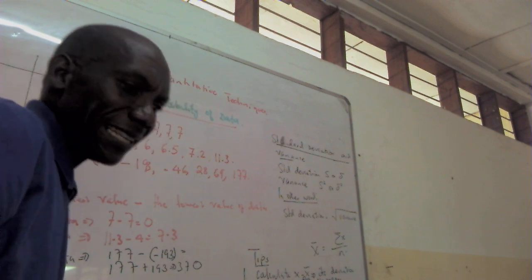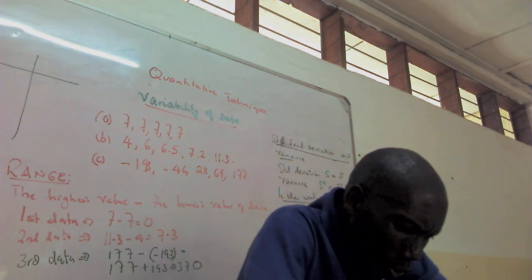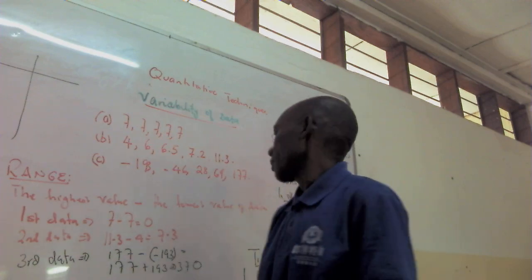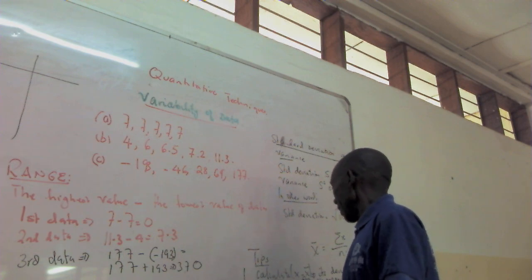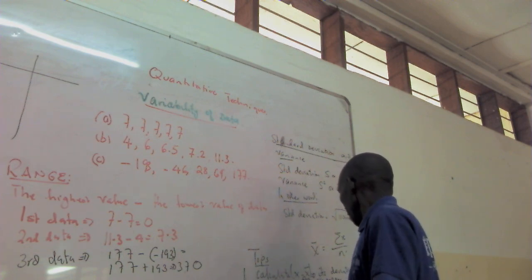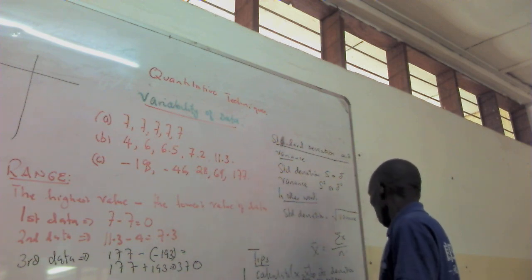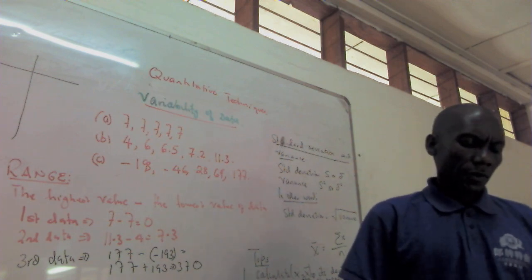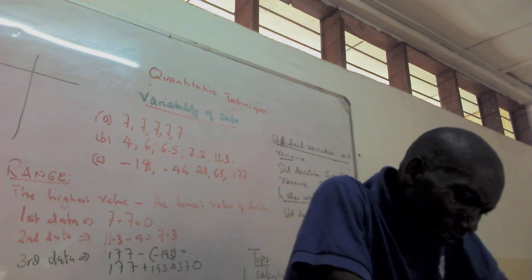The second tip is to square the deviation. Square the deviation to give X minus X bar squared.